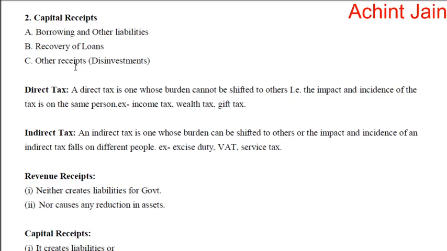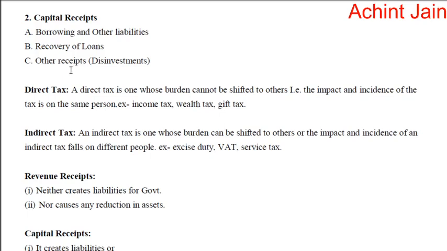It is a capital receipt of the government as it reduces assets of the government. The next one is borrowings. It creates a liability for the government. Accordingly, borrowings are to be treated as capital receipts. It is a debt-creating capital receipt.